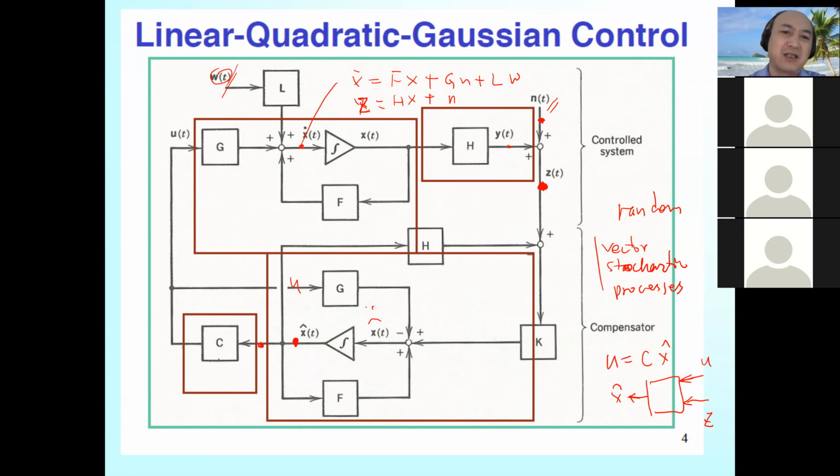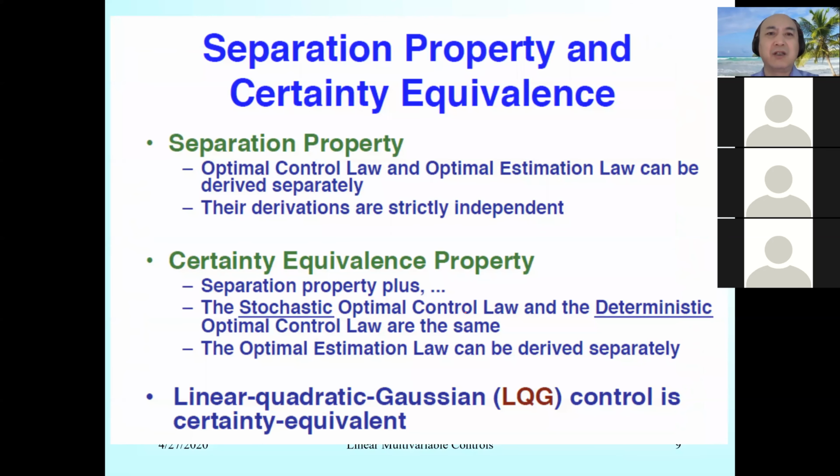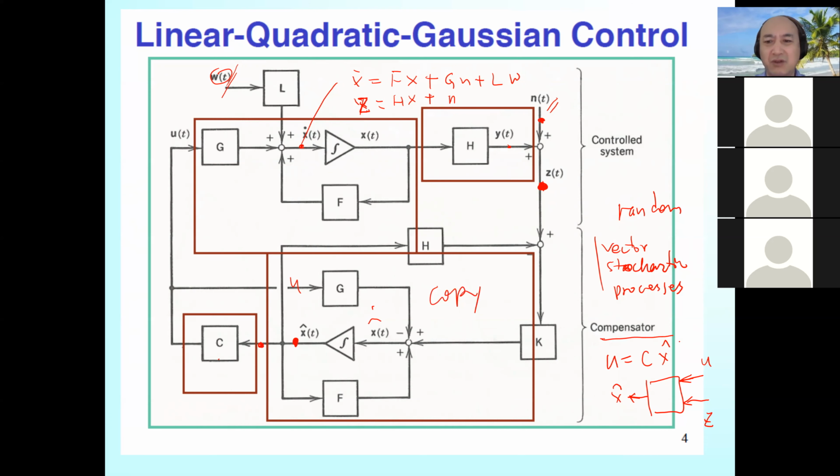So it's basically like a copy of the original system, okay? Well, moving on. So what do we mean by a separation property? That means the final control law, this is my control law, okay?